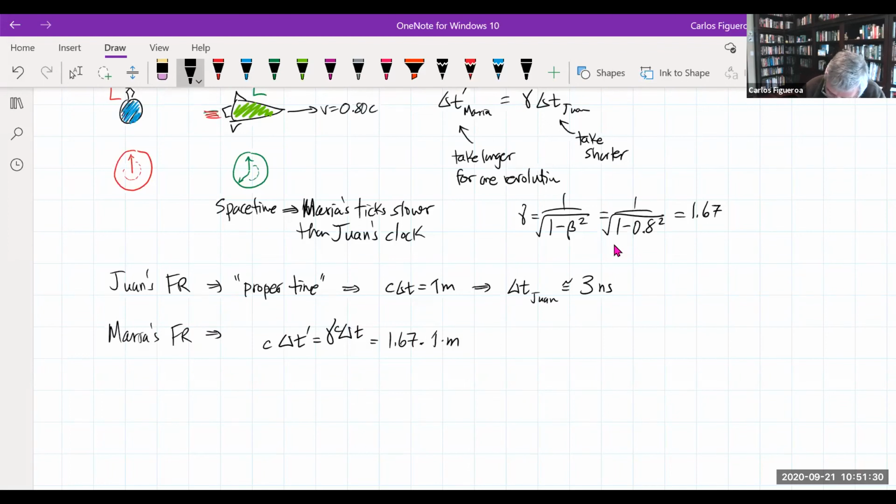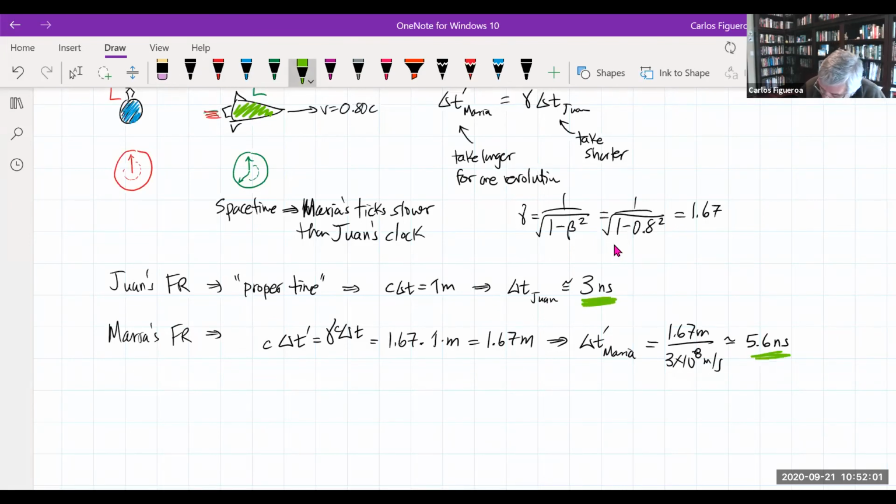And so this gives me what? 1.67 meters, but we got to translate that into time. So if I calculate this into time for Maria, this will then be 1.67 meters divided by C. And this gives you a value of 5.6 nanoseconds. So Maria's clock is ticking what? Slower. It takes longer to make 1 revolution.